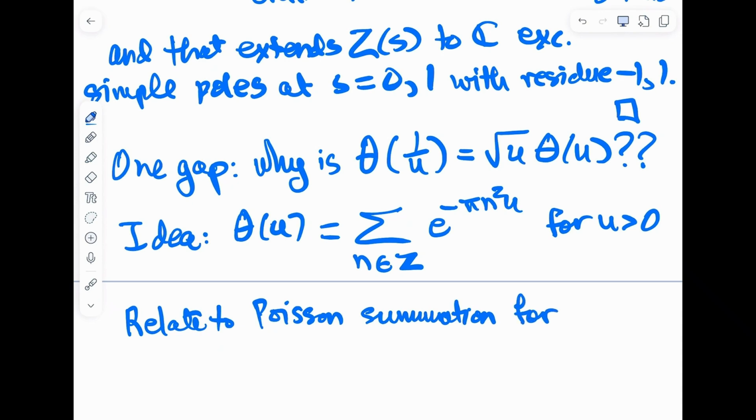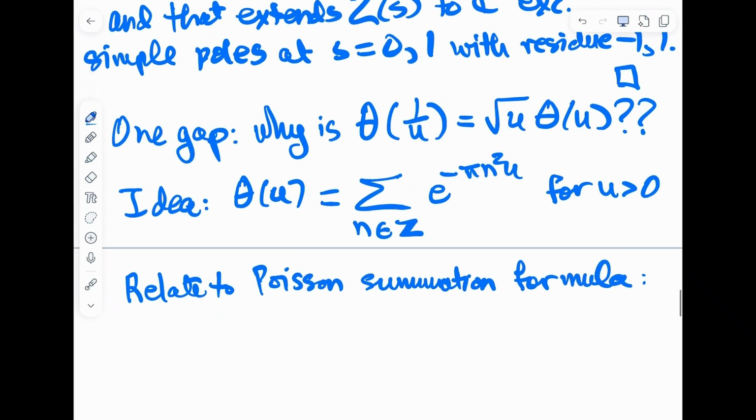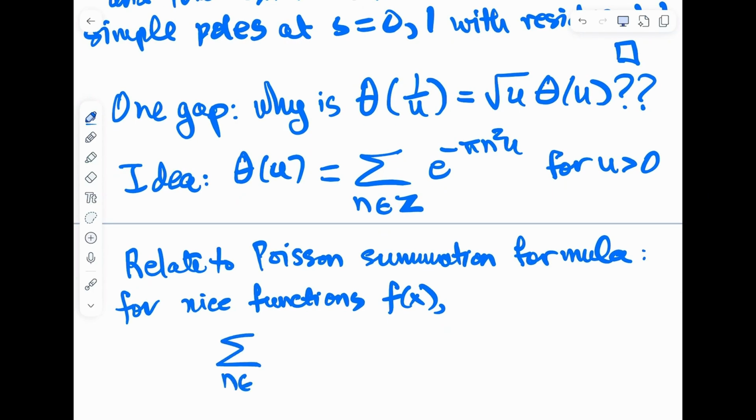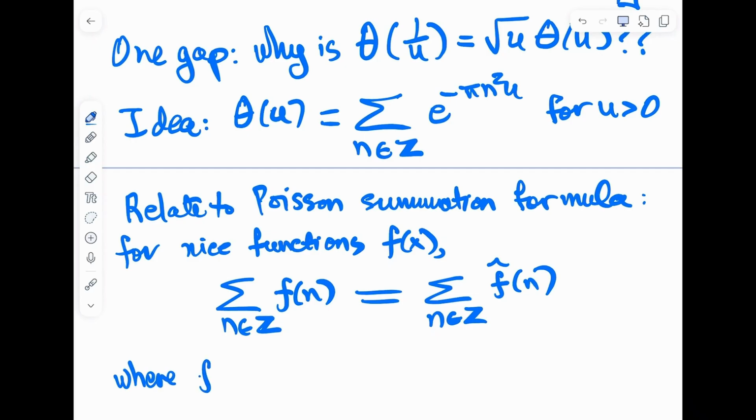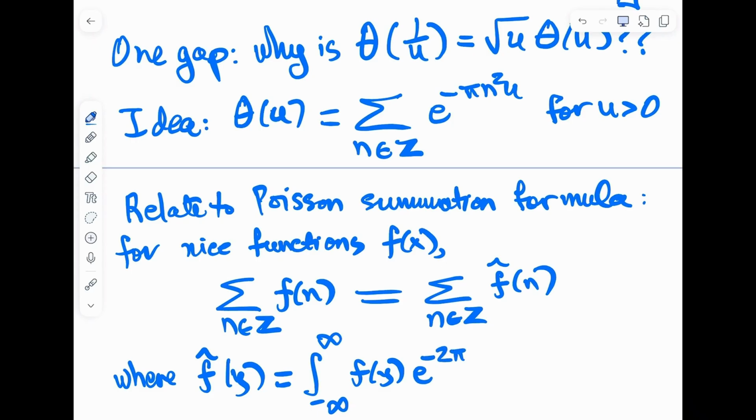And what the Poisson summation formula says is that for nice enough functions, roughly speaking, if it decays really quickly when the variable goes off to infinity, for nice functions f of x, if you sum the function on all integers, the fact that that converges is already a serious thing, this is equal to the sum over all integers of its Fourier transform, where the Fourier transform of a function is defined to be an integral of the function against a complex exponential.